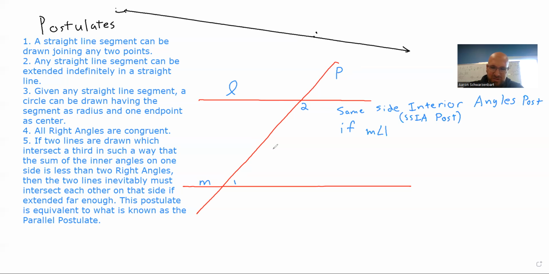They're both on the right side, and they're interior to my parallel lines L and M. So if measure of angle 1 plus measure of angle 2 equals 180, or if same side interior angles add to 180, then line L is parallel to line M.